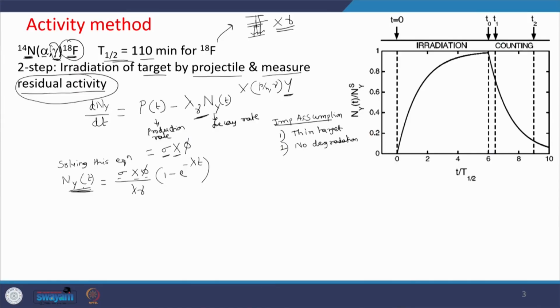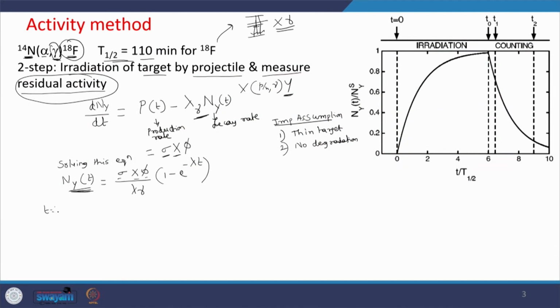All right. Now, this is the time evolution of the residual nuclei. So, what will happen if the time reaches T0? Then we can write N_y(T0) as sigma x phi over lambda_y, times 1 minus e to the power of minus lambda T0. For equation 1, I want to discuss two different scenarios.